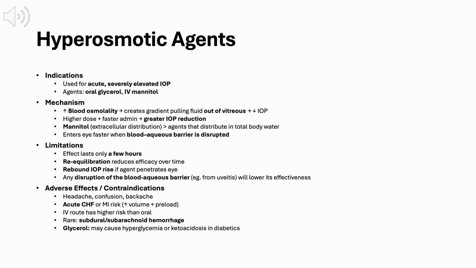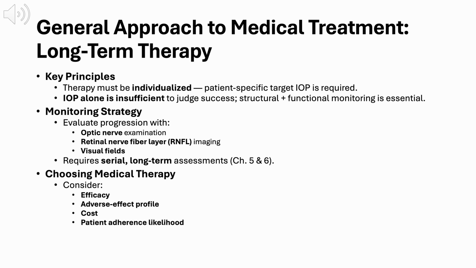Adverse effects include headache, confusion, and fluid overload, which can precipitate heart failure or myocardial infarction, especially with IV use. Rarely, subdural or subarachnoid hemorrhage has been reported. For glycerol, a key caution is its potential to trigger hyperglycemia or ketoacidosis in diabetic patients.